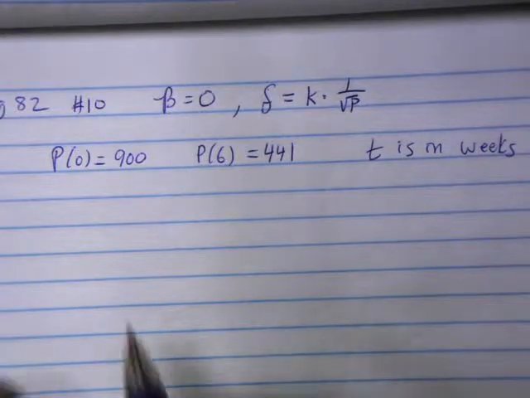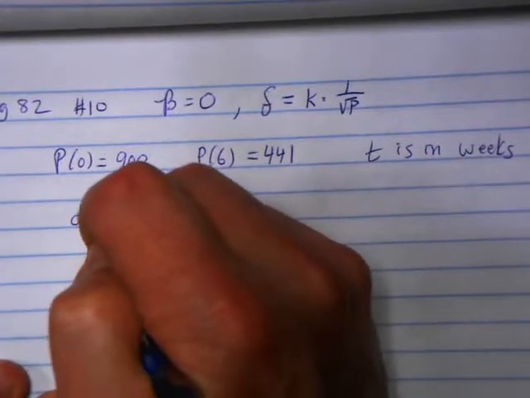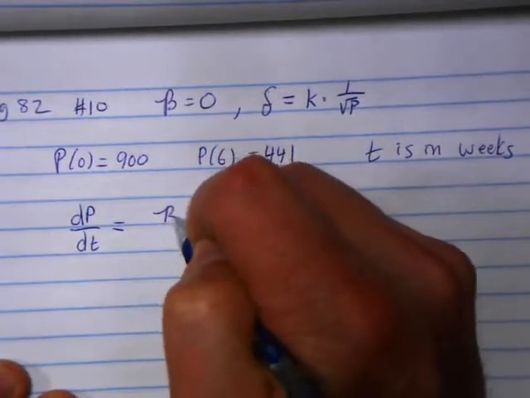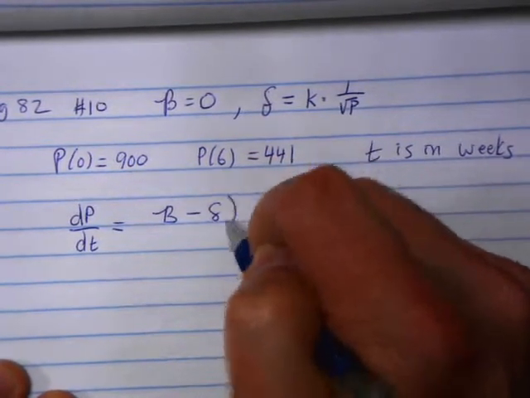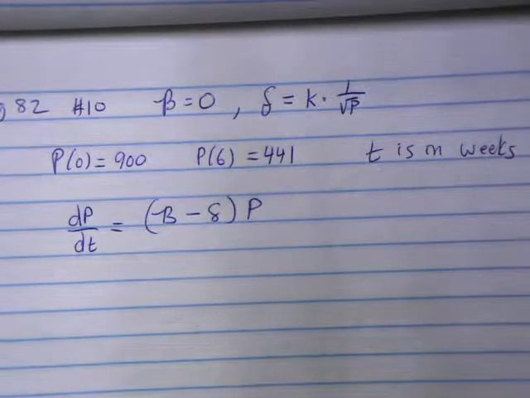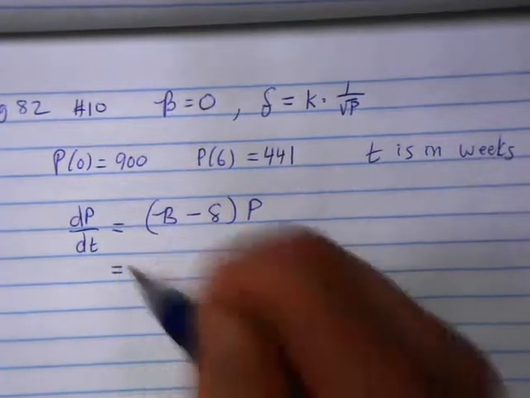All right, so our differential equation was dp dt was births minus deaths times p. In this case, that becomes, what's births minus deaths?